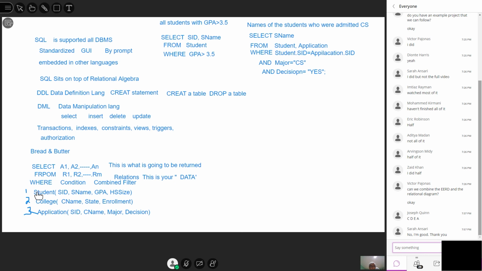Why? Because remember, referential integrity. There are people who did not apply, so we are not going to consider them. Therefore, we said student.sid is equal to application.sid. And then the other two conditions are they applied to computer science and they were admitted.